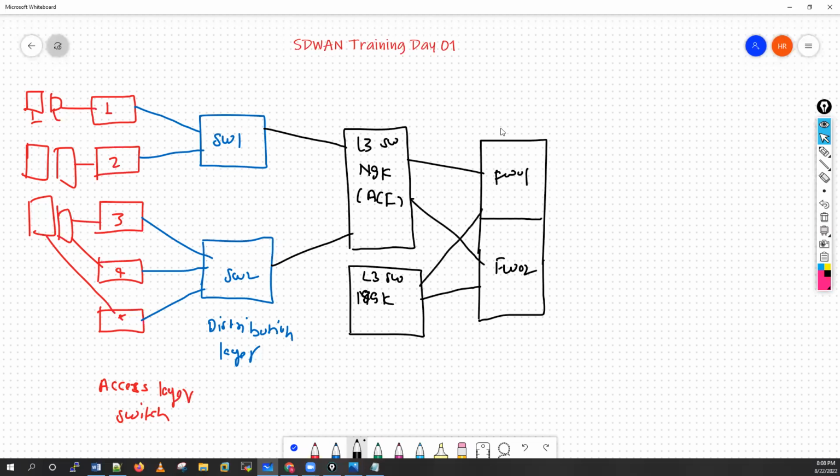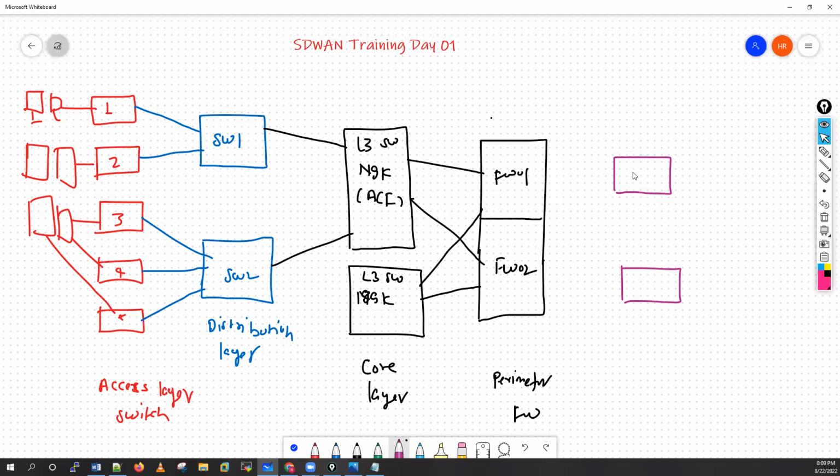This is your perimeter firewall, and this particular part is your core layer, I can say, according to the 3-tier architecture of switches, right? Now these firewalls have direct connectivity with routers here. Let's suppose these are your routers.